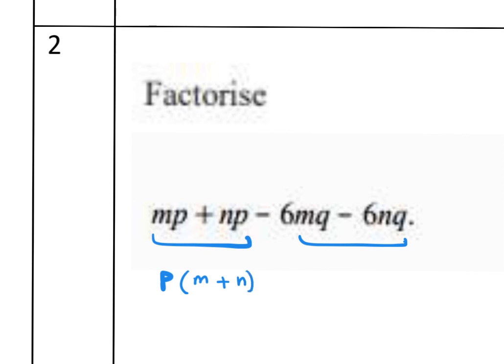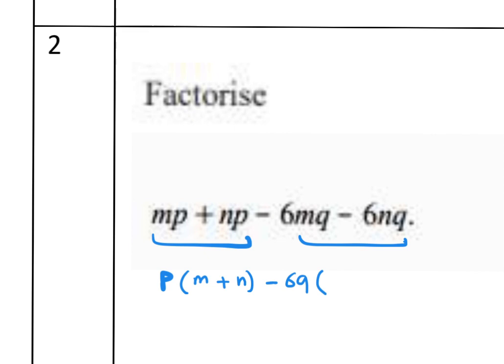Same, if you have a negative in front of the last two, take the negative common. We have negative common, 6 common, and Q common. So we can take negative 6Q common.